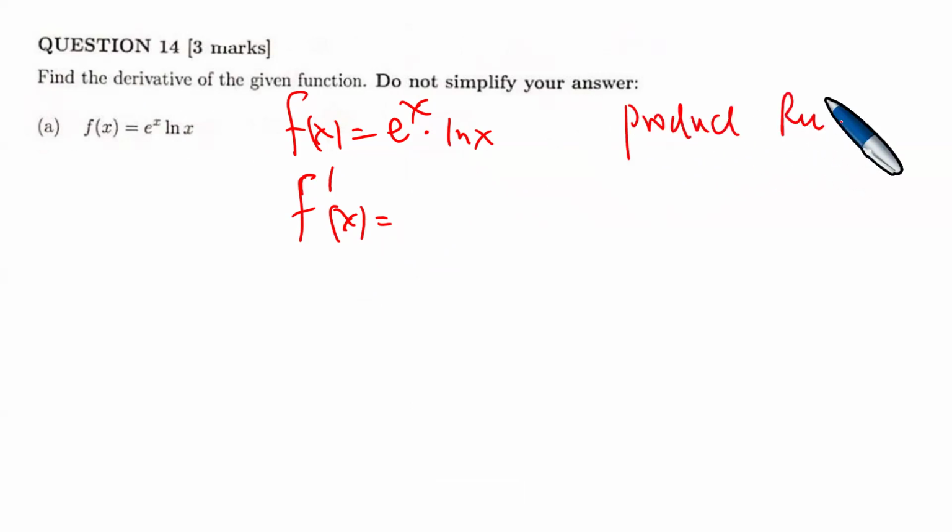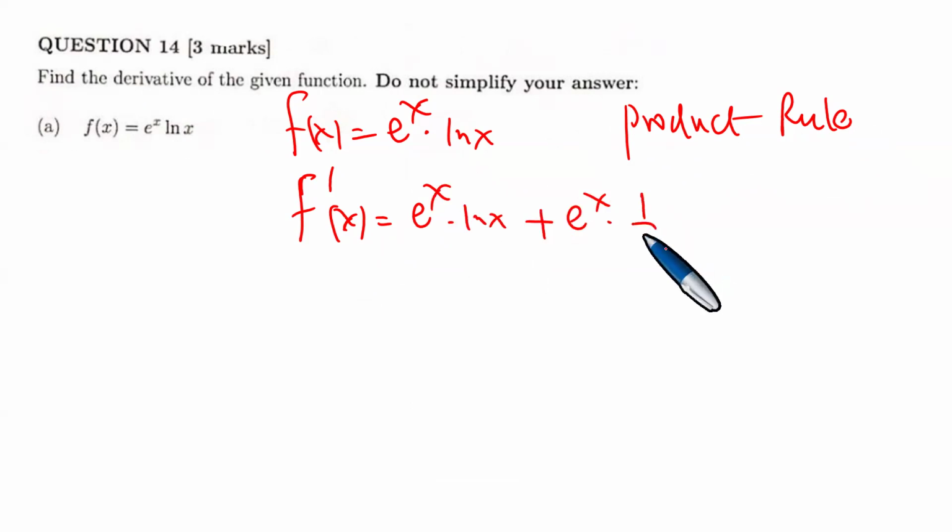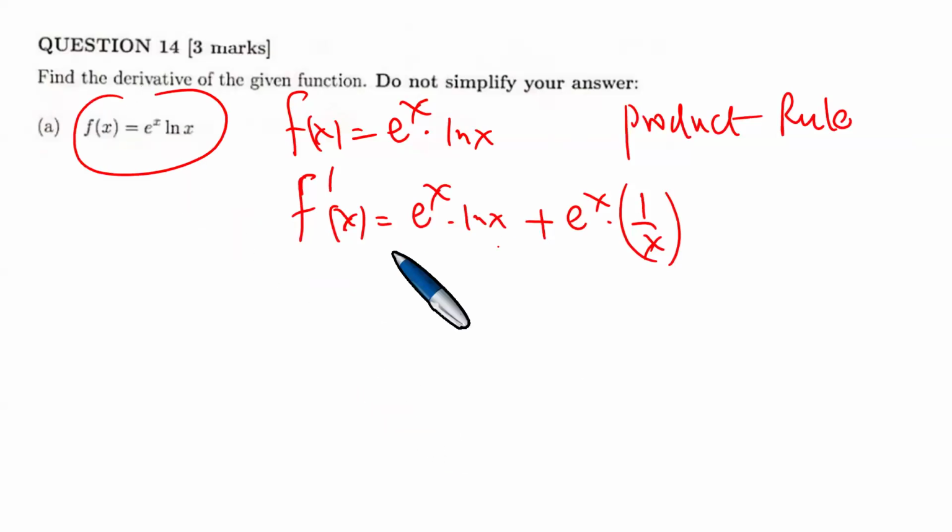The derivative of e to the x is e to the x, times ln x, plus e to the x times the derivative of ln x, which is 1 over x. So the derivative of this function is e to the x ln x plus e to the x times 1 over x. So that is what we have got.